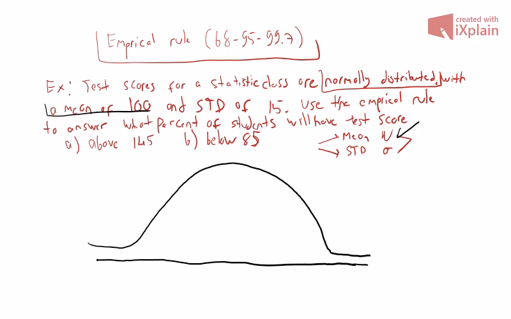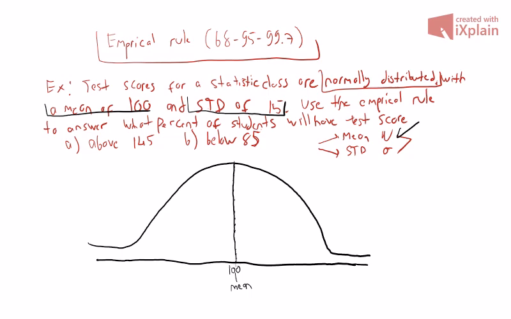And the mean will be located approximately in the middle. And this is going to be 100. In fact, this could be a straight line too. Okay, and this is our mean. And do we know what standard deviation is? Yes, standard deviation is 15.